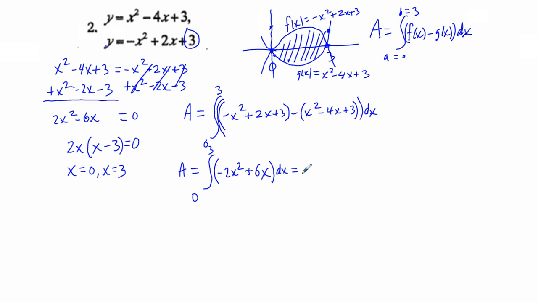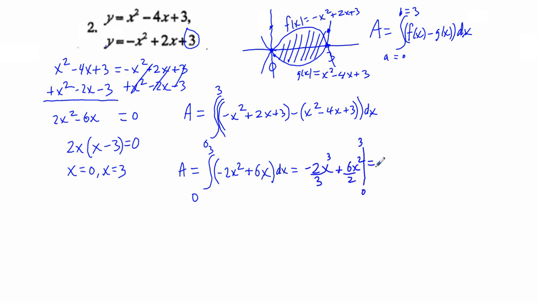And working to the right, integrating, we're going to have negative 2x cubed over 3 plus 6x squared over 2, and we're integrating between our limits of 0 to 3.